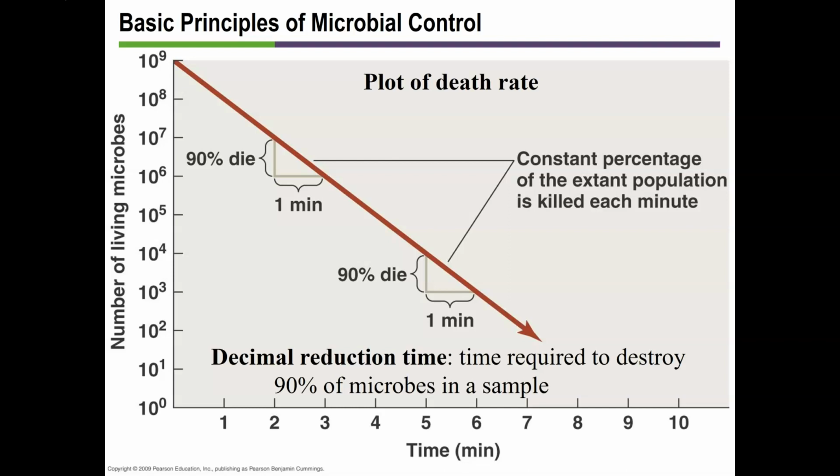Therefore, the D value on this particular graph is 1 minute. Under these particular conditions shown on this graph, we're able to reduce the population of organisms by 90% or 1 log in 1 minute. Make sure that you can look at a graph and determine the D value.